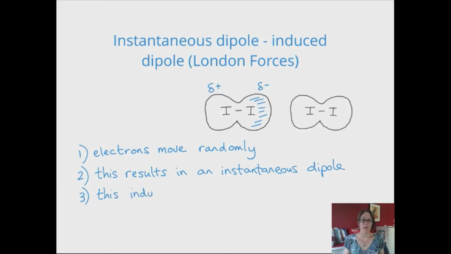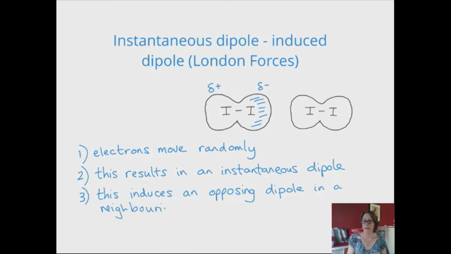So if it's then near another molecule, and this is important, so these are much stronger if the molecule is actually a liquid and the molecules are close together. Close together is quite important. Then that will induce a dipole in a neighbouring molecule.